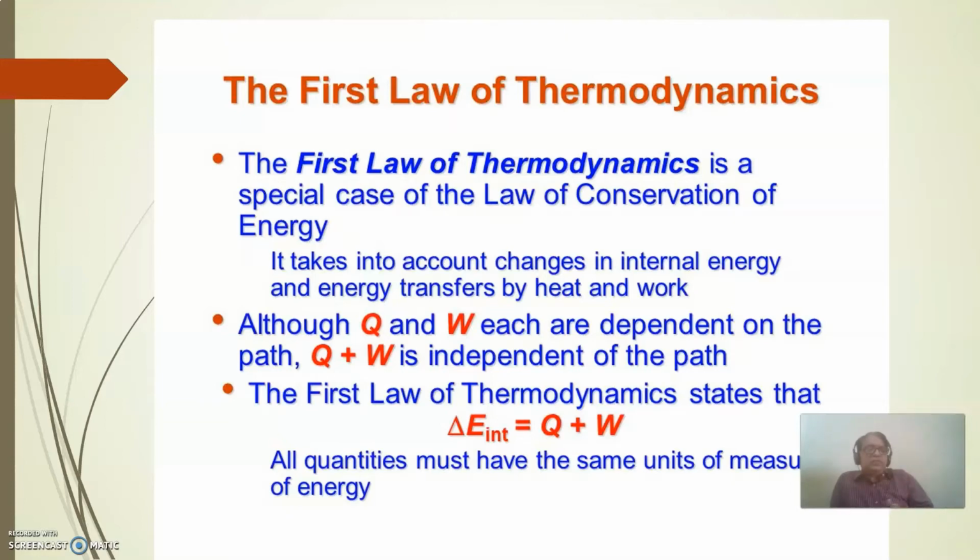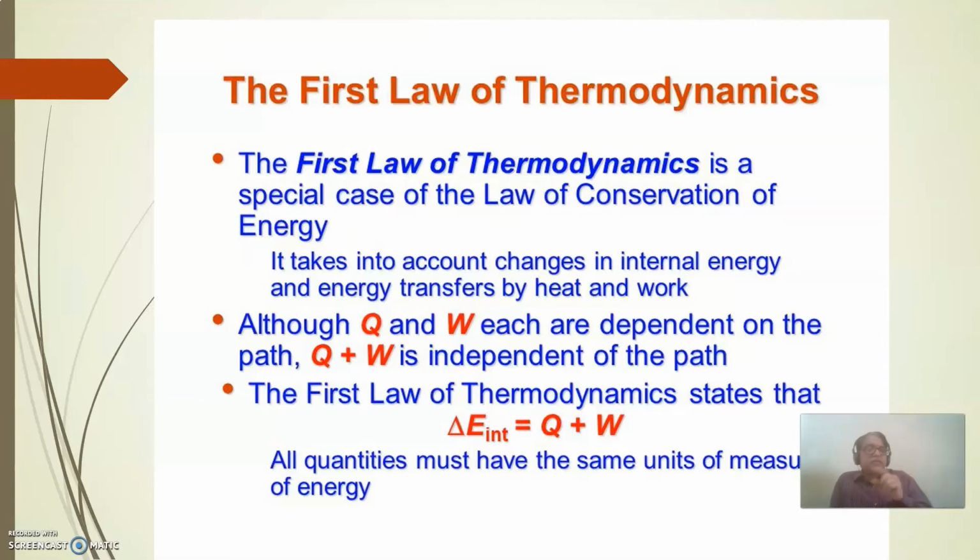So that means when I add Q, the expansion of the gas takes place, and there you have the pressure into the area of the piston, if it is known to you. Then you can calculate the force into the distance, that is the energy, the work done, that is P into A into delta L, where A is the area and delta L is the displacement.